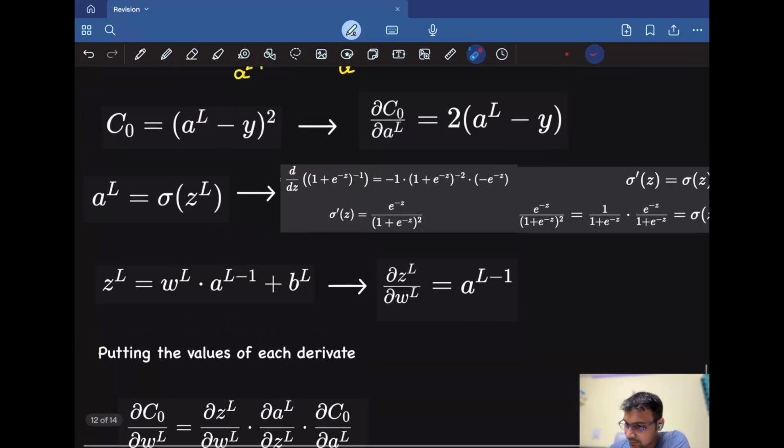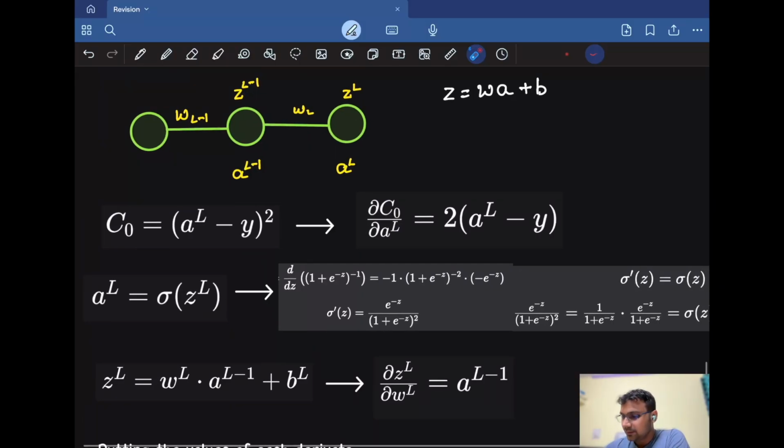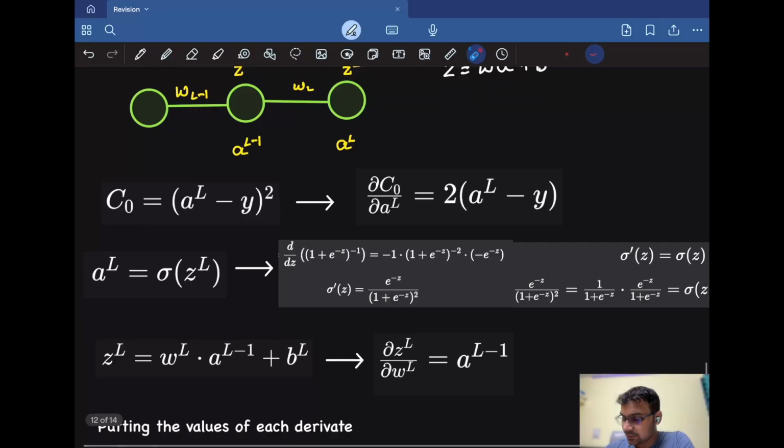The rate of change of cost with respect to activation depends on how far our value is. If the model is predicting the correct value, then this value is 0.